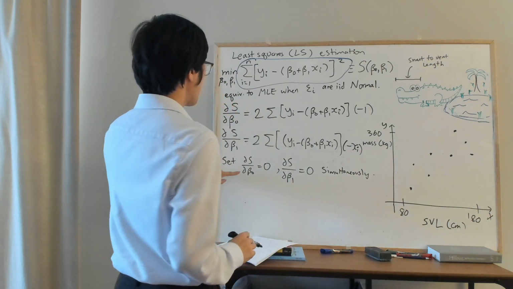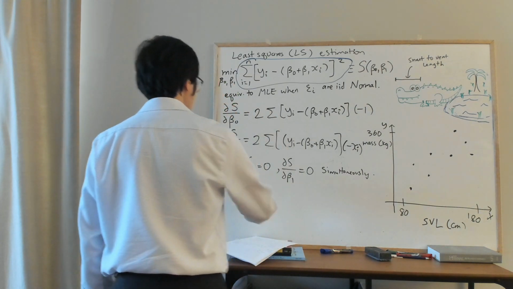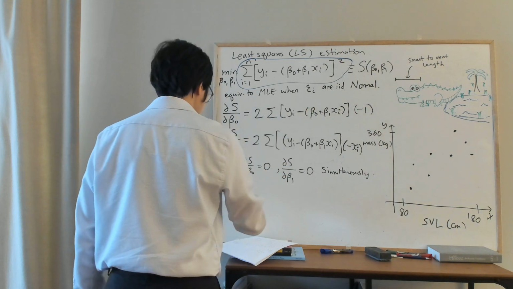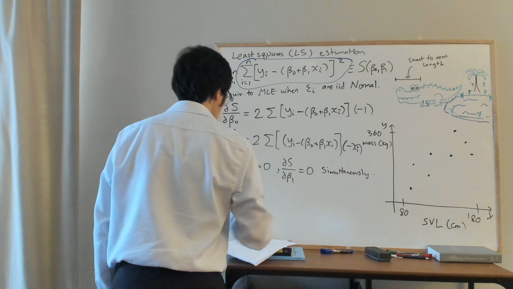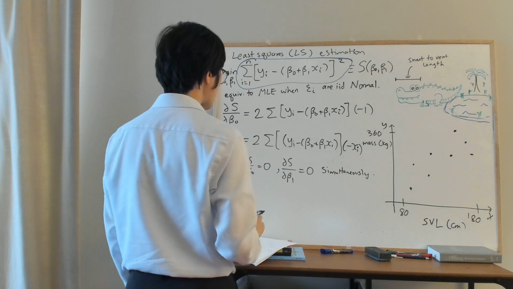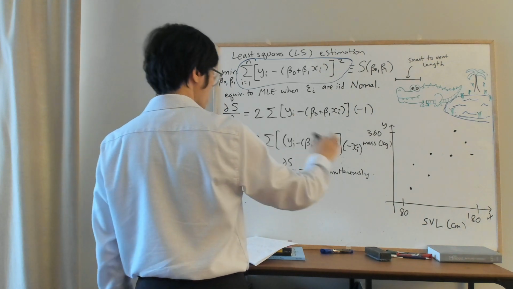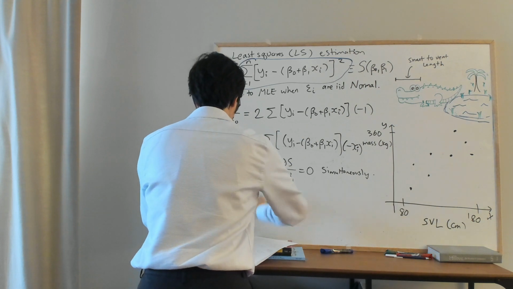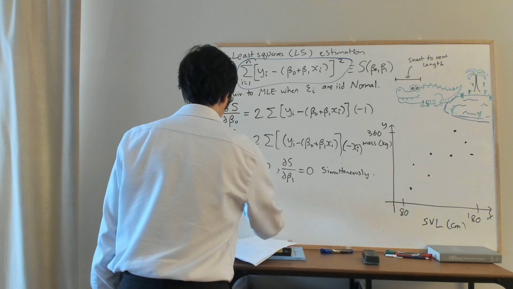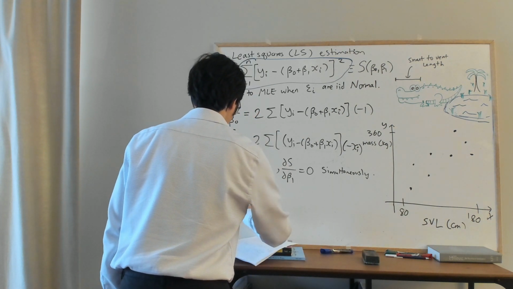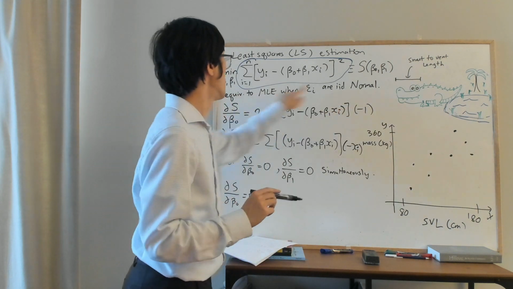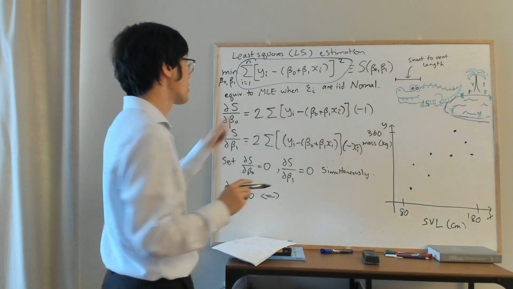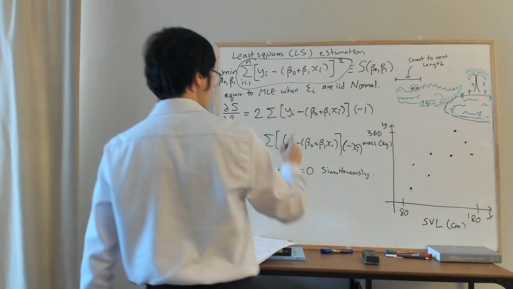Okay, so let's work on the first one. Let's set this equation, partial S with respect to beta 0, to 0. Setting this one equal to 0 is equivalent to saying that this is 0. I'll just drop the constant and then apply the summations.